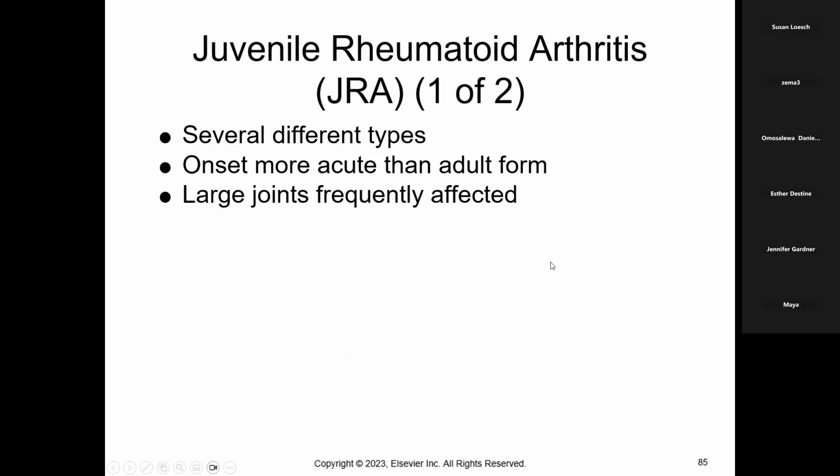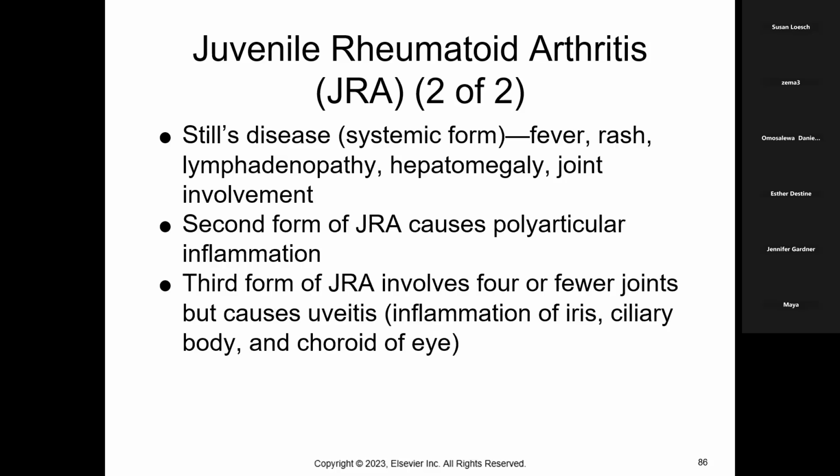Juvenile rheumatoid arthritis. There's a few different types. This is going to be a more acute onset, so it happens quicker, and it will more likely affect the large joints than the small ones. They might not have the rheumatoid factor present either for these kids. And again, the large joints over the smaller joints. And Still's disease.